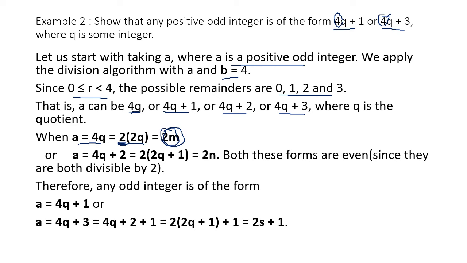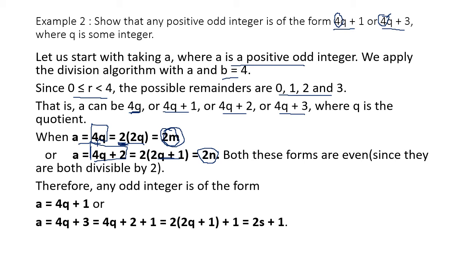So 4q is an even number. Now the next number I have taken is 4q plus 2. Again I took out 2 common and wrote 2 into 2q plus 1. This number 2q plus 1 I have set to be n. So this has become 2 into n. So 2m and 2n are both multiples of 2. So these both are even integers.